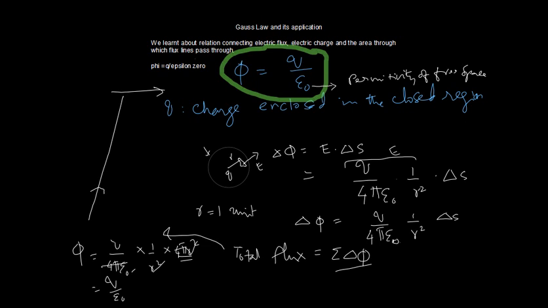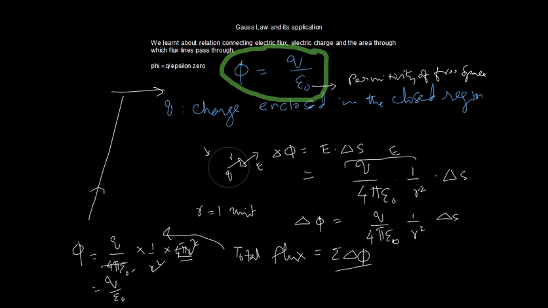So Q by 4 pi epsilon naught, 1 by R square. Because it's a sphere, I consider 4 pi R square. R square and 4 pi get cancelled, so you get Q by epsilon naught. And this is the Gauss law proved for a small sphere.